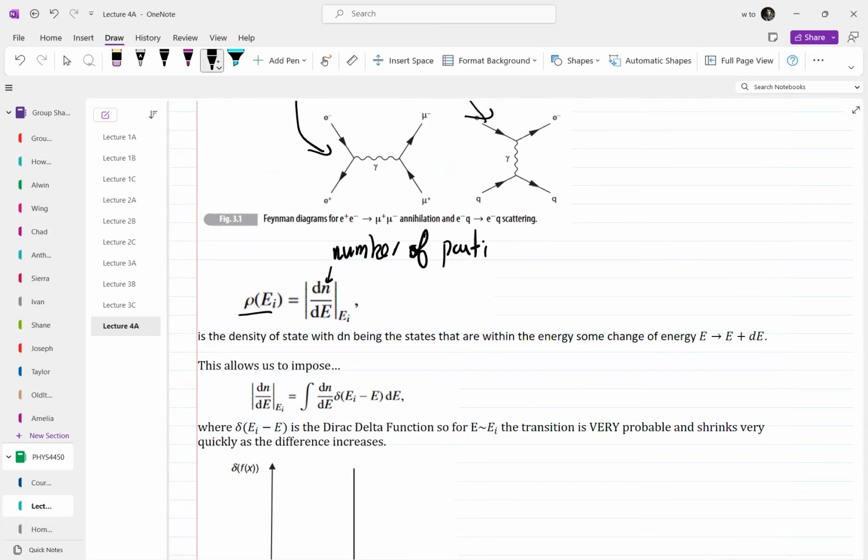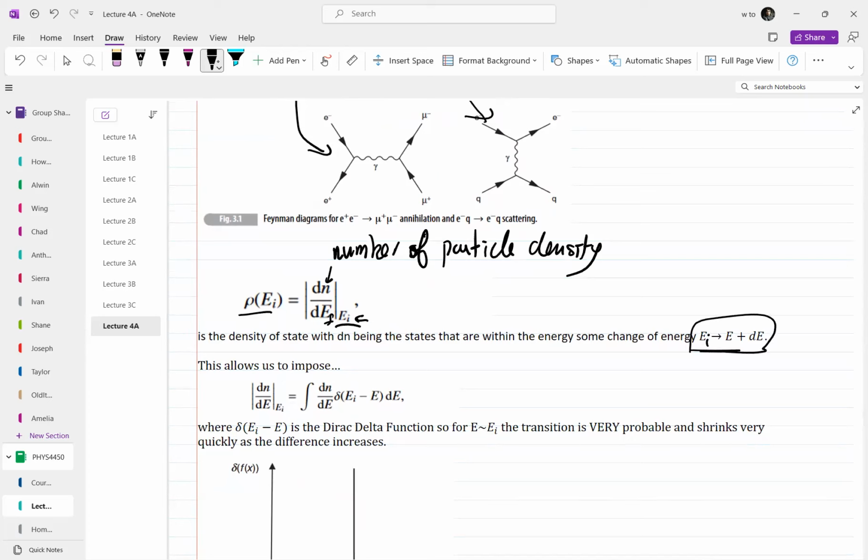This is actually the number of particle density, with respect to the energy, but evaluated at its initial energy, because that's where the particle started. Whatever that change is allows you to change into a new state. You can even put in the f here: there's some final energy state, and you're transitioning from E initial to E final.